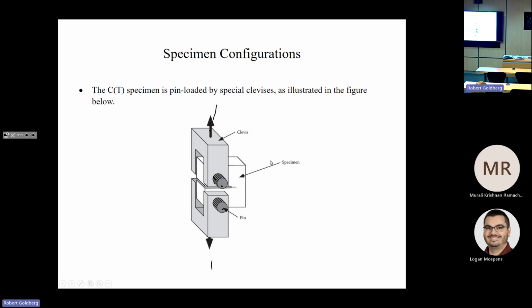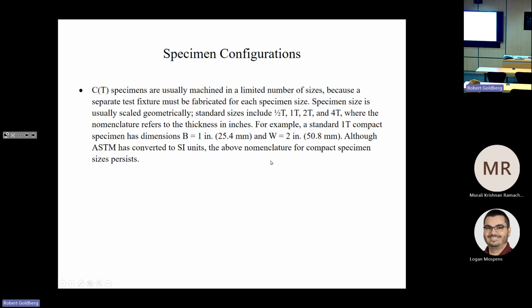Now, these compact tension specimens are usually machined in a limited number of sizes because a separate test fixture has to be fabricated for each specimen size. So the size is described in terms of this variable T, where a 1T compact specimen has a thickness of 1 inch and a width of 2 inches, which is why it's called 1T.